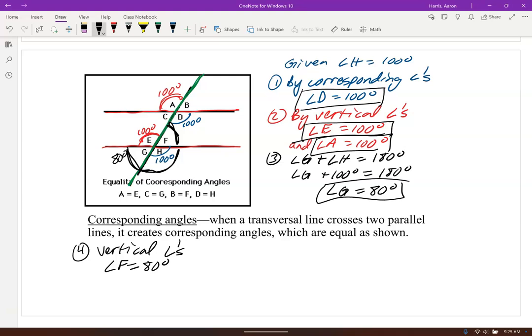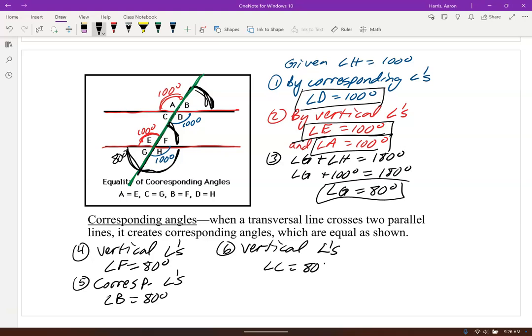And let's do F with its corresponding angle B. So by corresponding angles, if F is 80, B, upper right, angle B would be 80. And finally, by vertical angles, if B is 80, then C is 80 degrees as well. I think we did all the angles there.